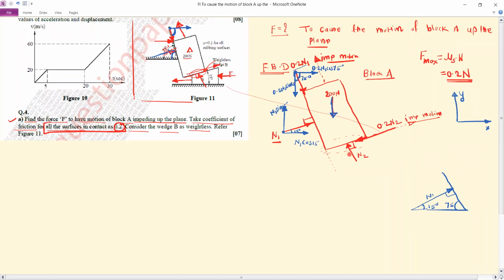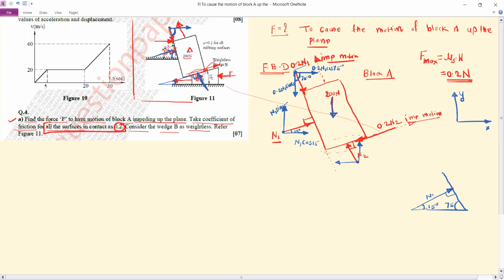Next, we have to resolve this N2. So for that, select this point, draw one component parallel to the x-axis, second component parallel to the y-axis. Now we have to find out the angle. So for that, observe this angle. This is 15, and here this vector is perpendicular.